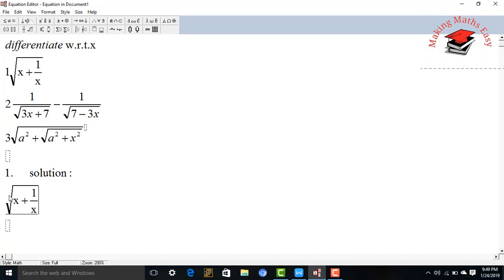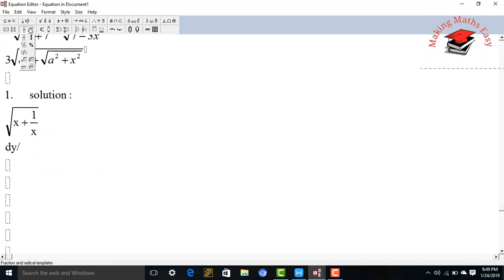We can write dy by dx of this function equal to d upon dx of this function.